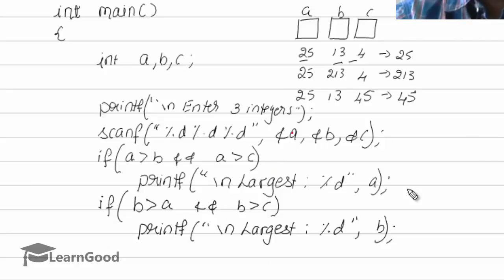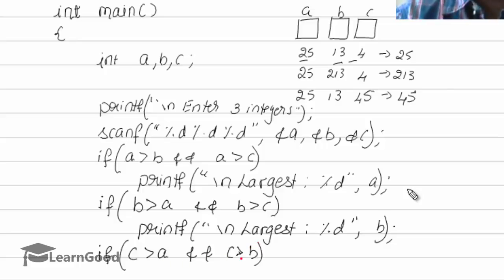Even in the third case, 25, 13, and 45, b value 13 is greater than 25? The first condition itself is false. That means the whole thing is false. In that case, it comes and checks another if, that is whether c value is greater than a and c value is greater than b.